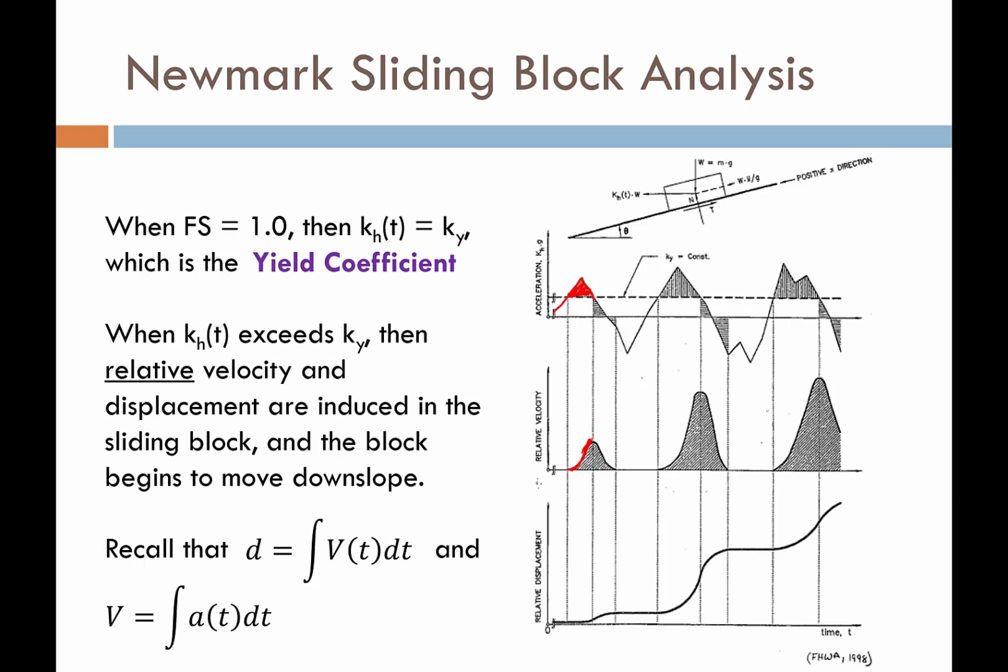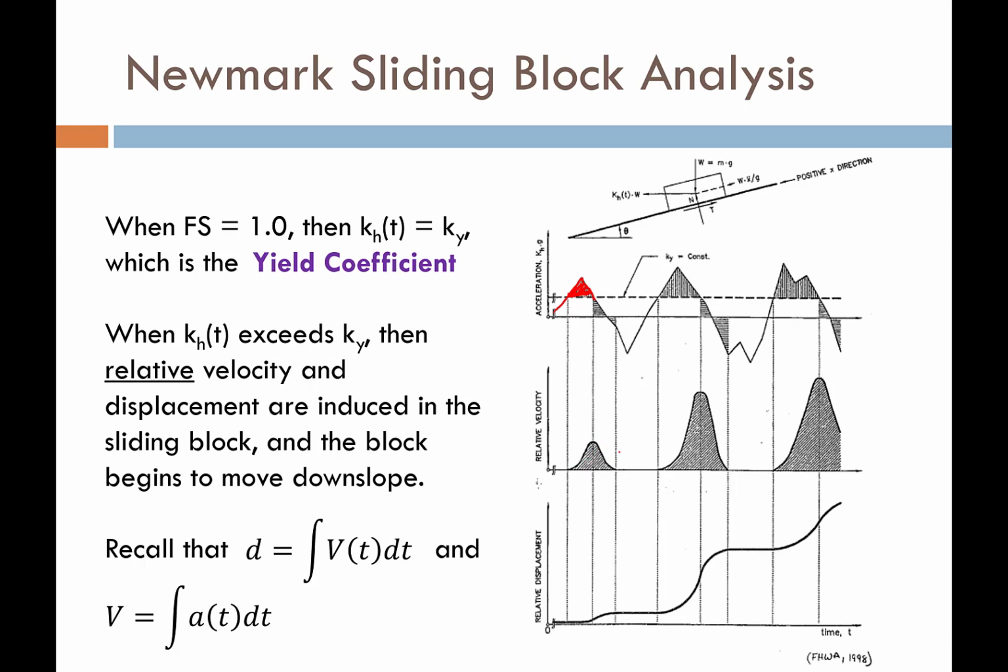Now, just because we drop below then the yield acceleration over here doesn't mean that all of a sudden we just go to 0 on our velocity. We have to slow down, so there's a ramp down period in the velocity. And so anytime we increase that relative velocity, we will always have a ramp down period.